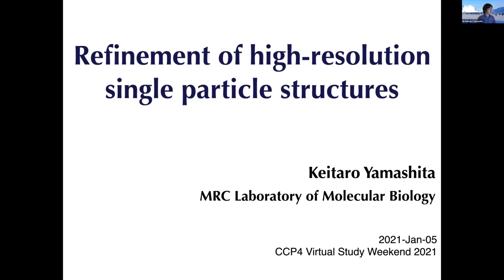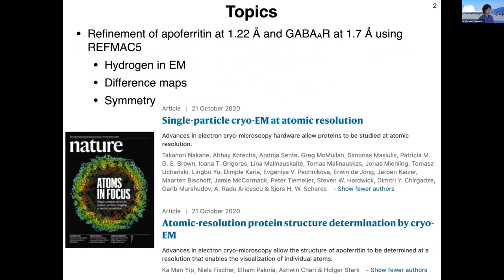Last year, cryo-EM single particle analysis achieved true atomic resolution, reported by two different groups. They utilized apoferritin and determined it at 1.22 angstrom resolution from the Cambridge group and 1.15 angstrom from the Max Planck group.